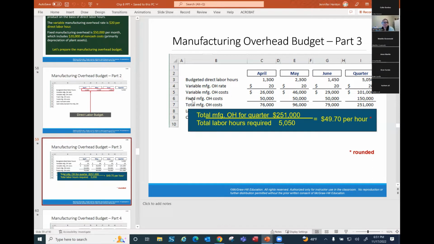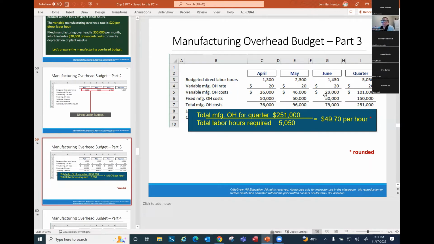Then it gave me my fixed cost of $50,000. And that gives me a total cost for April of $76,000. And I do the same thing for May, same thing for June. And then I calculate it for the quarter. And we're going to calculate our rate based on the whole quarter.